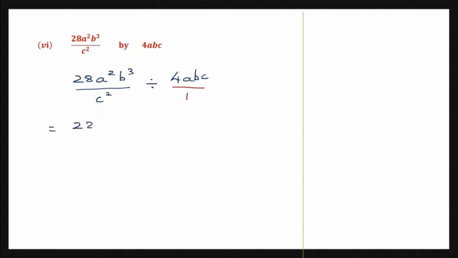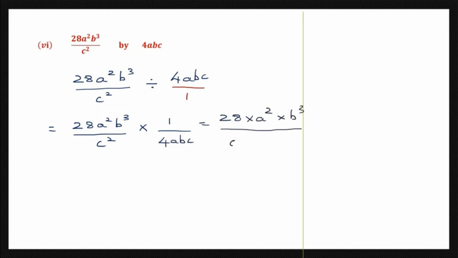So 28a square b cube divided by c square. Change the division to multiplication and write the reciprocal, 1 by 4abc. So this will be 28 into a to the power of 2 into b to the power of 3 into 1 will give us the same thing. Then c square into 4 into a into b into c.